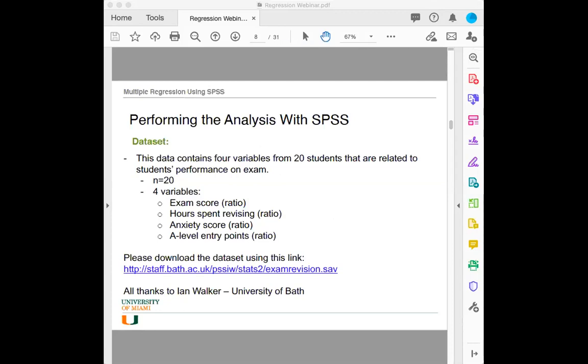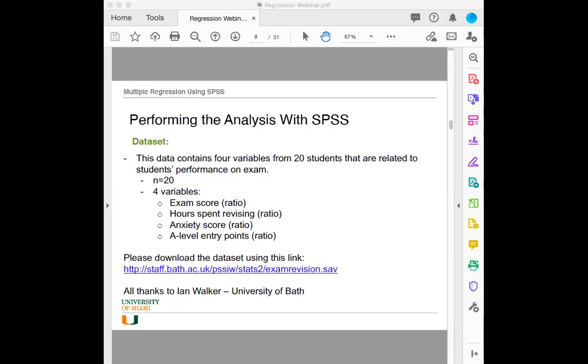It's a scale measure, which is ratio. SPSS does not differentiate between ratio and interval scale, so they are both scale from an SPSS point of view.